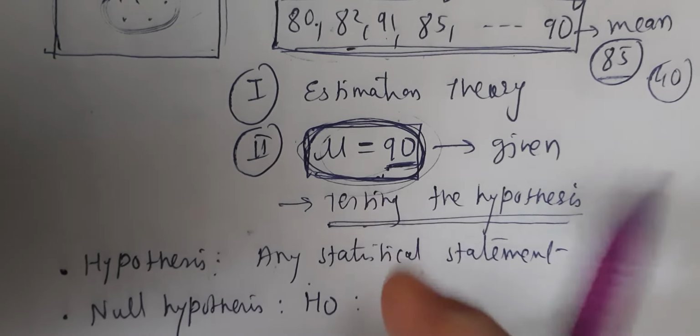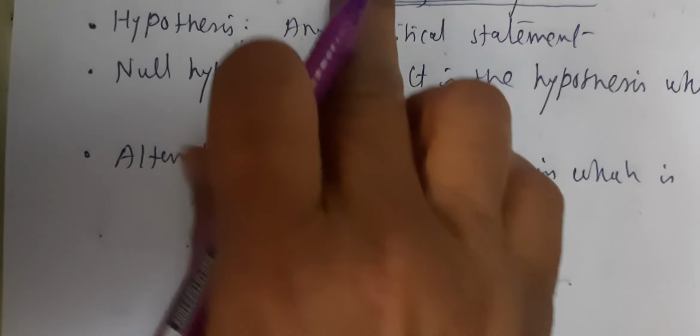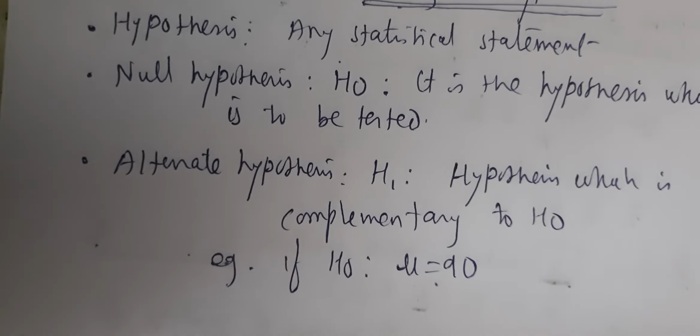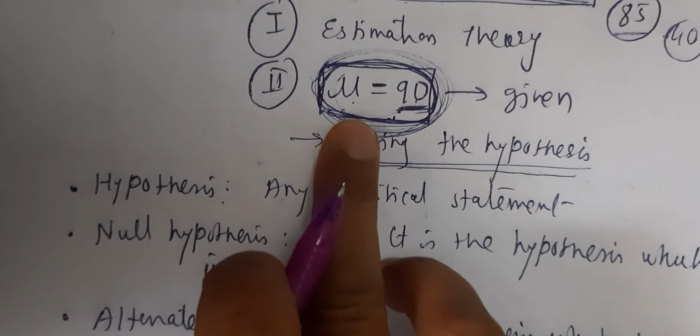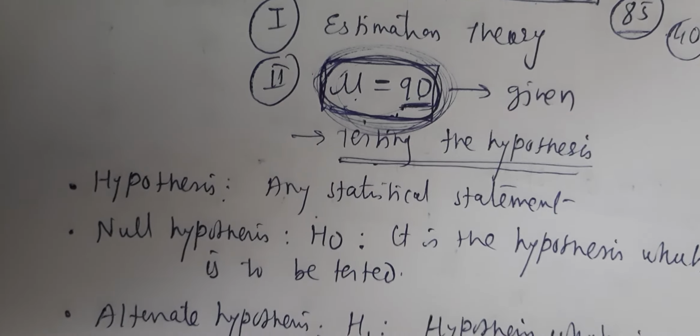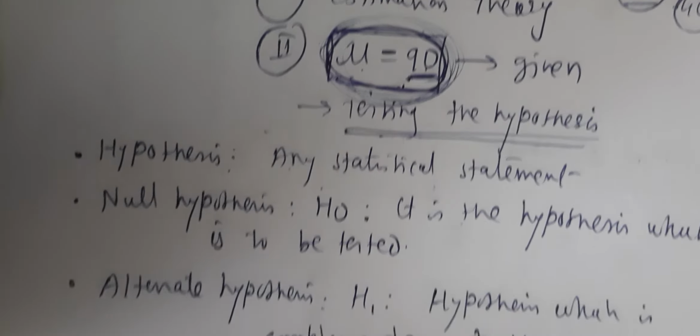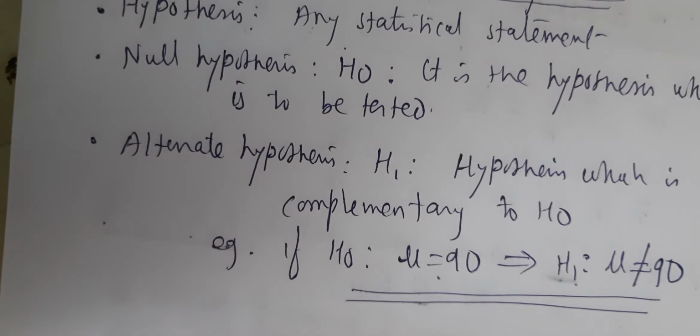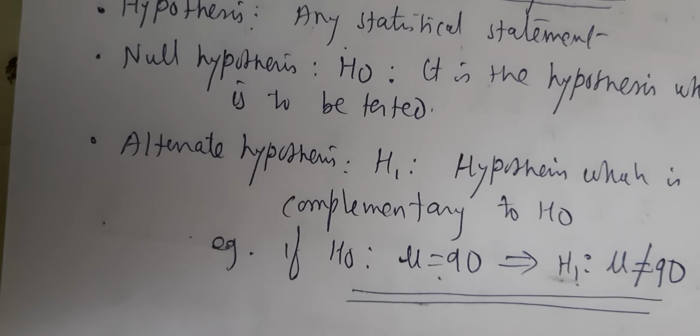If our H naught is mu equals 90, as in the example I gave you, what we are checking is mu equals 90, so obviously our H naught is mu equals 90. Then our H1 is mu is not equal to 90. That's it. The alternate hypothesis is the hypothesis which is exactly complementary to H naught.